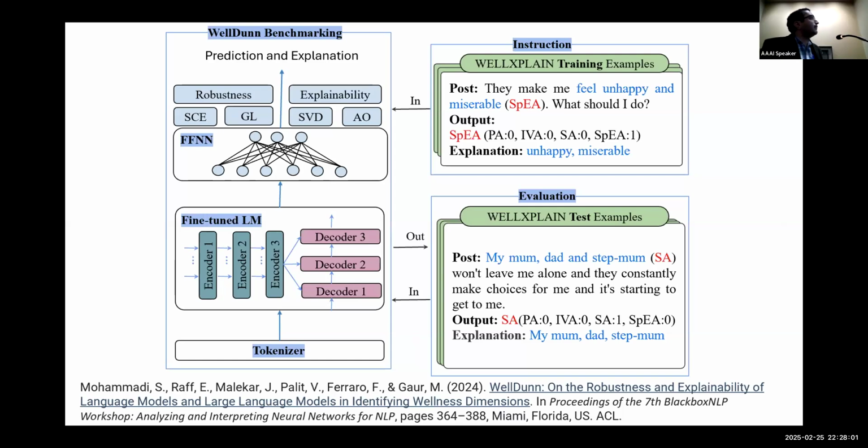In this framework, we try to check the robustness and explainability of language models. On the right side, we have a textual post and the output, which is the labels for the wellness dimension. For evaluation, we give the post and ask the model to end up with a label and explanation.